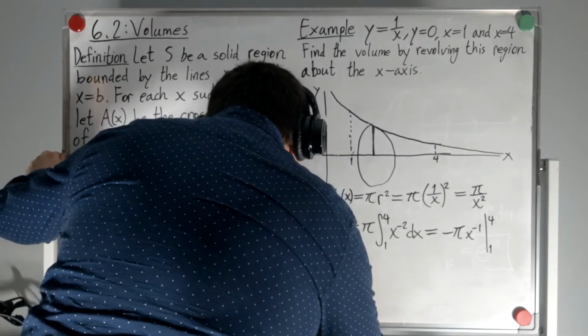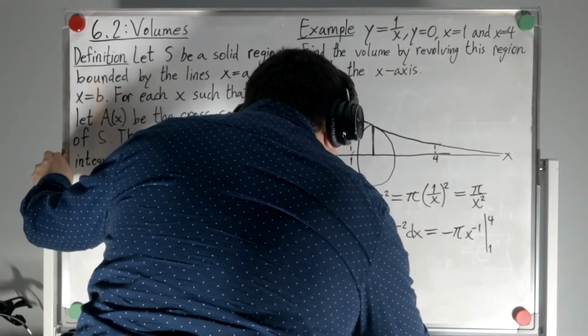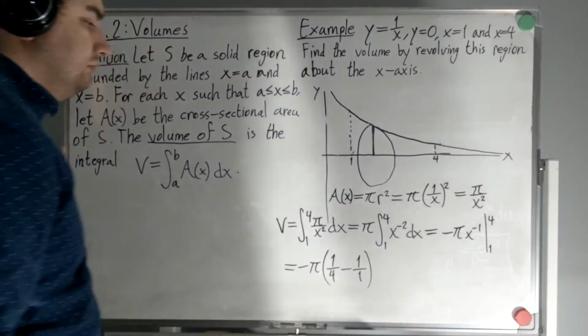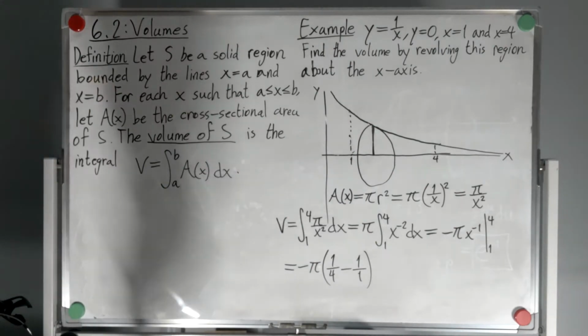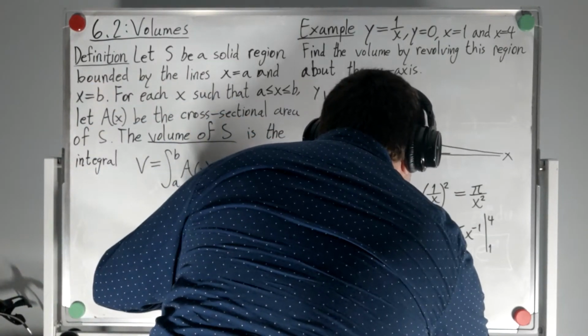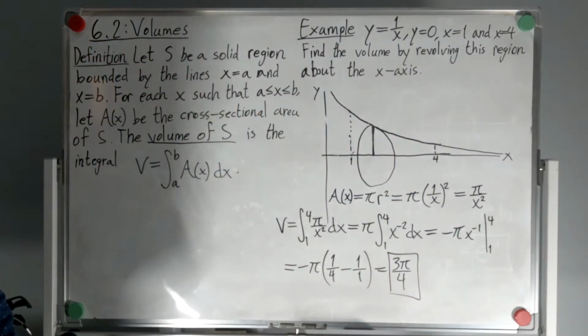So this is just negative pi times 1 over 4 minus 1 over 1. In other words, 3/4 pi. Okay?